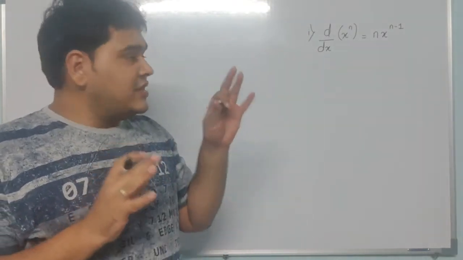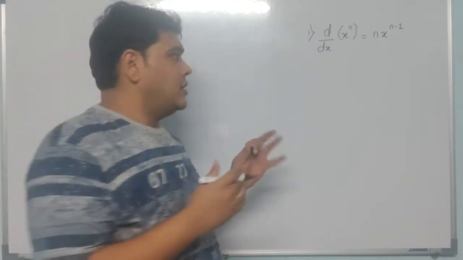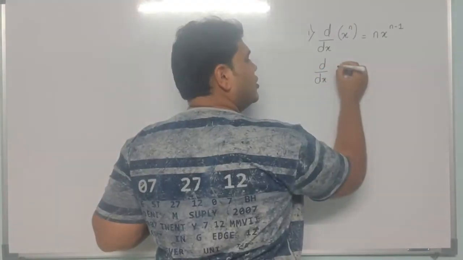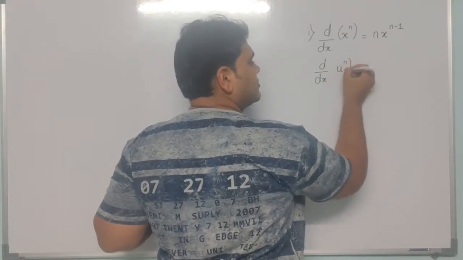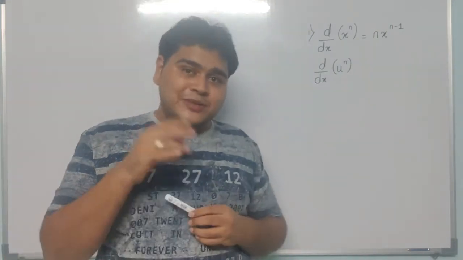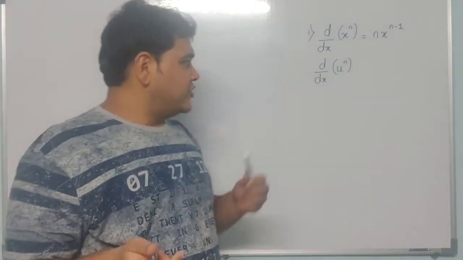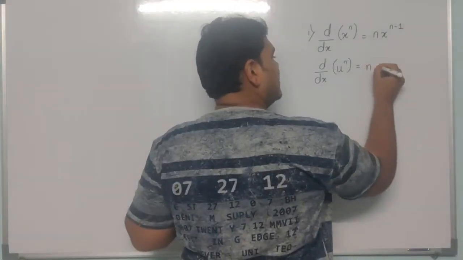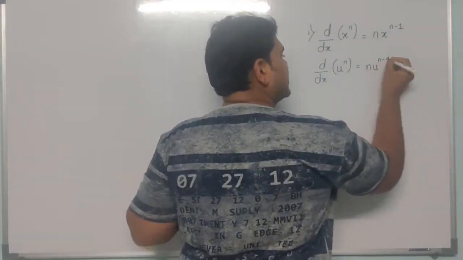Now instead of this, if we had something like d by dx of u raised to n, just a case. Now we know u is dependent on x, correct? So if we take the derivative of this, can I say definitely it will be n u raised to n minus 1?